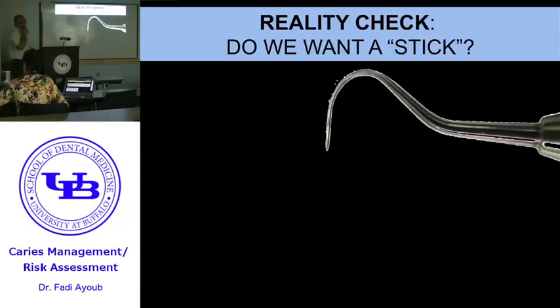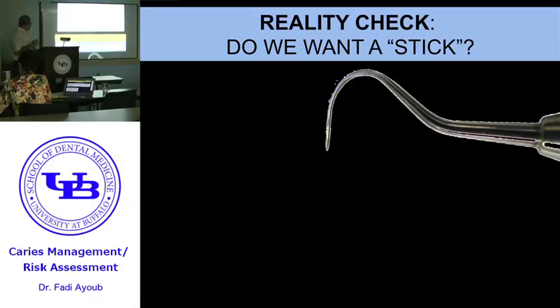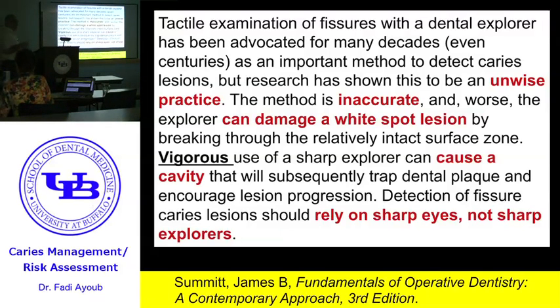Now this is a reality check about the explorer, okay? So I'm only the messenger, don't kill me, okay? There is a theory saying that if you vigorously use the explorer when you explore any white lesion, whether you think it is cavitated or non-cavitated, you may cause a cavity.